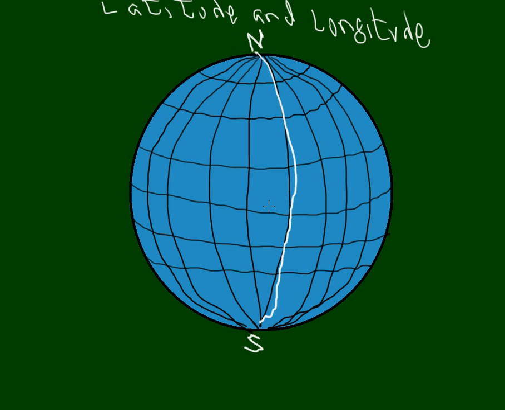And all longitude lines run from the North Pole to the South Pole, which means essentially that they converge up here at the poles. I'm sorry, all of these longitude lines converge at the poles.